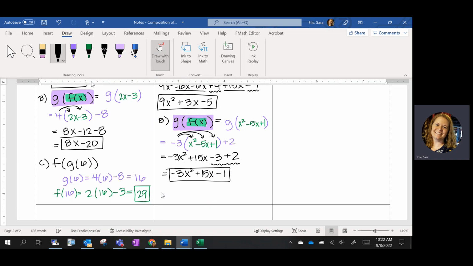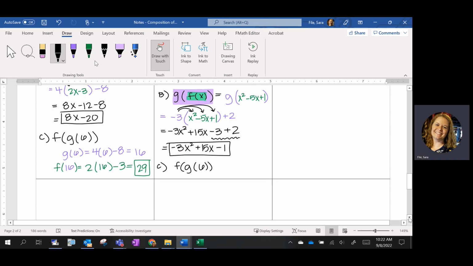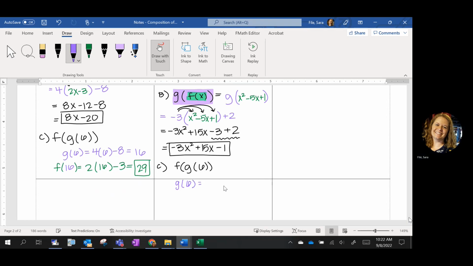Okay, and last but not least, part C for this one, f of g of 6. I'm again going to work inside out. So I'm first going to find g of 6, where the g function was negative 3x plus 2.